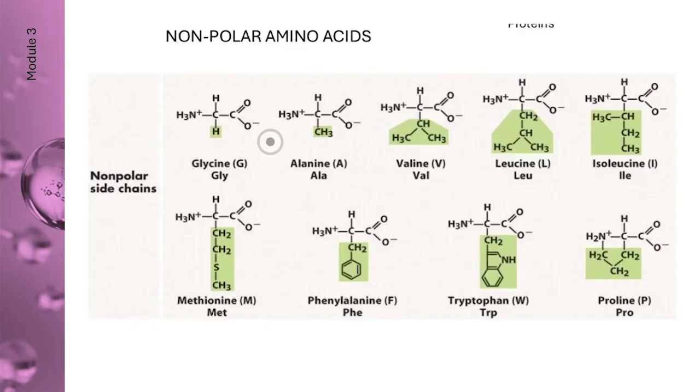And you can see how their net charge is 0, because if you look at the R group, and in this case, the R group is the group that has been highlighted here. You can see the R group in all these cases highlighted. If you look at the nonpolar amino acids, you notice that the R group has no charge.